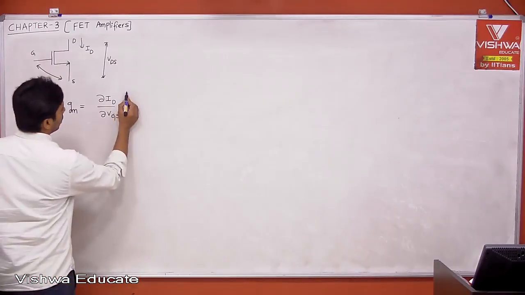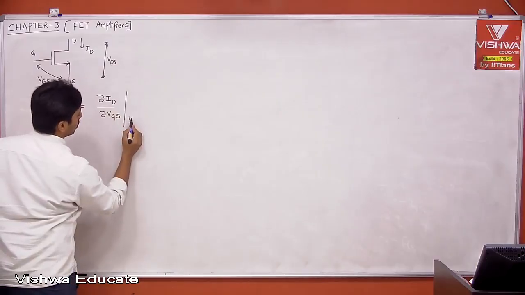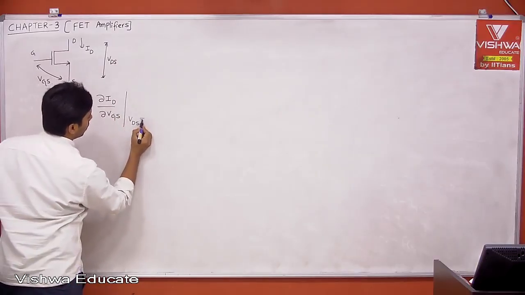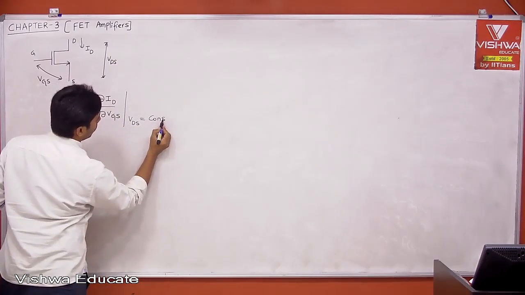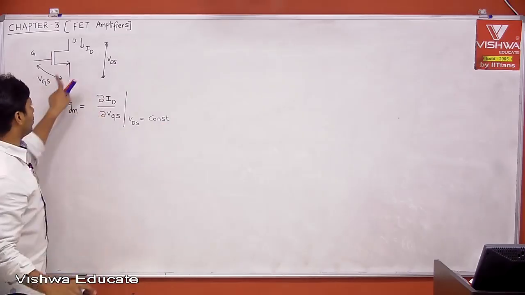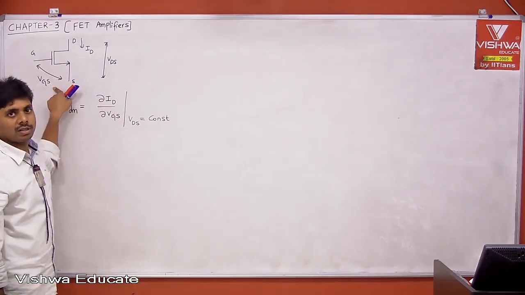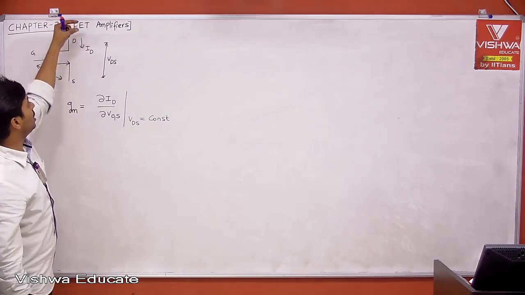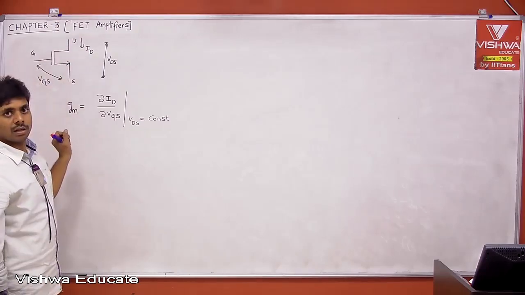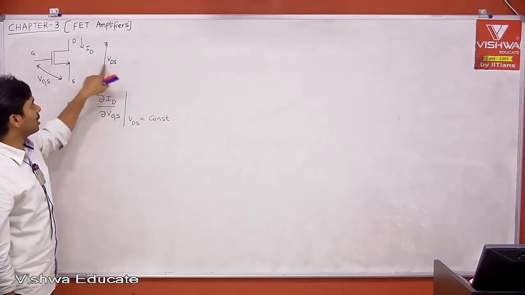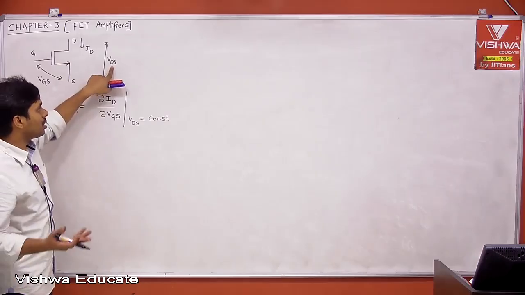To make that, keep VDS constant. Because we are looking for not ID by VGS. Remember, it's not ID by VGS. It is change in ID because of change in VGS. Then if you keep VDS constant, the change in ID because of VDS is not there, because VDS is not changing.